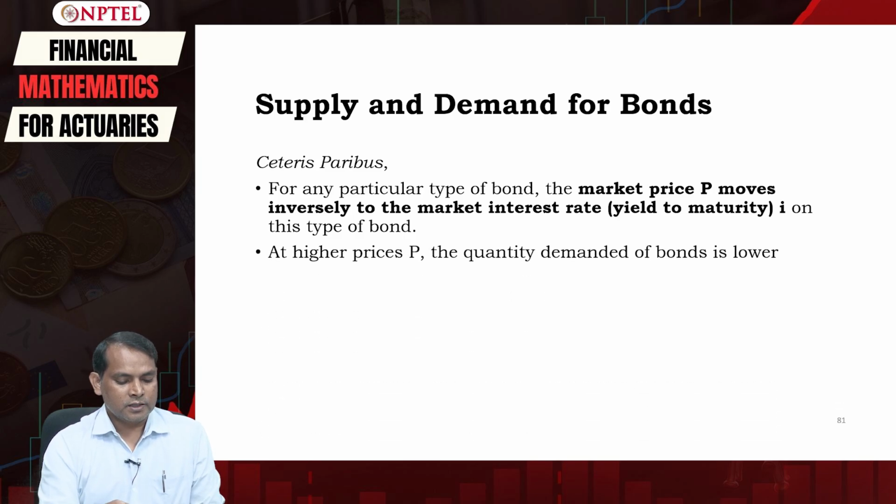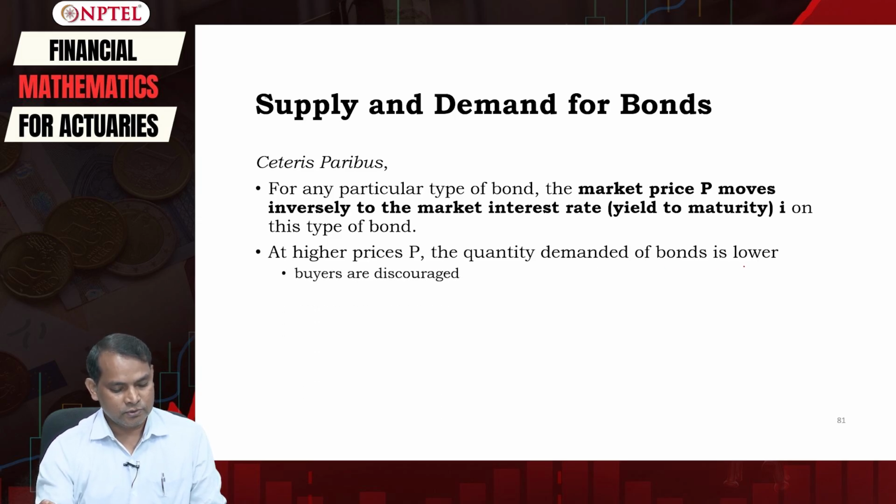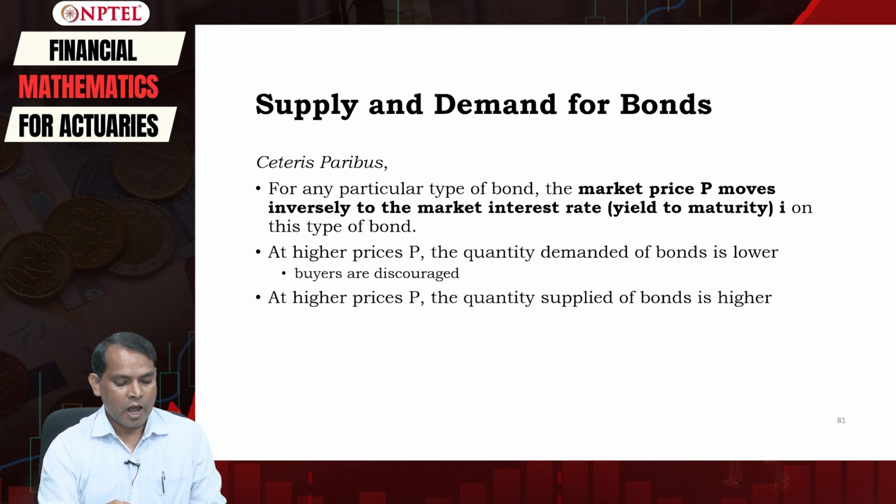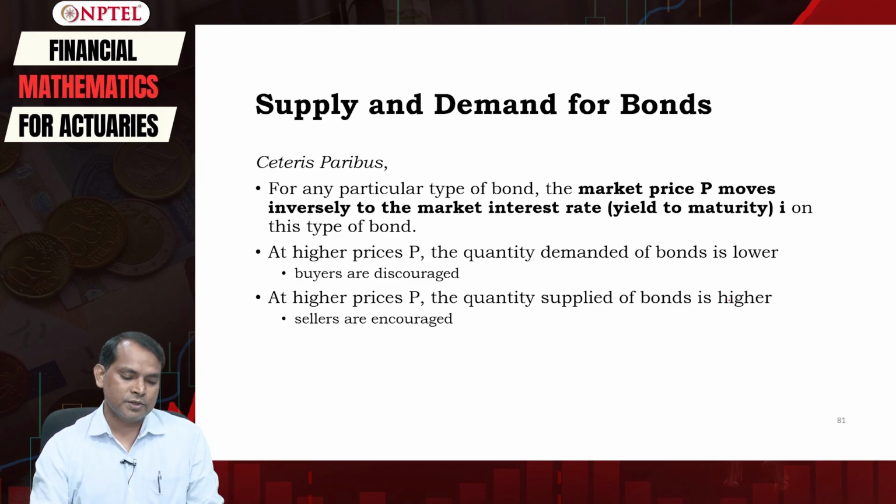At the higher price P, the quantity demanded of bond is lower, and therefore the buyers are usually discouraged. And at the higher price P, the quantity supplied of bond is higher, and therefore the sellers are encouraged.